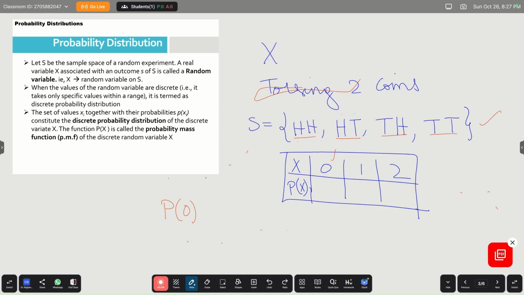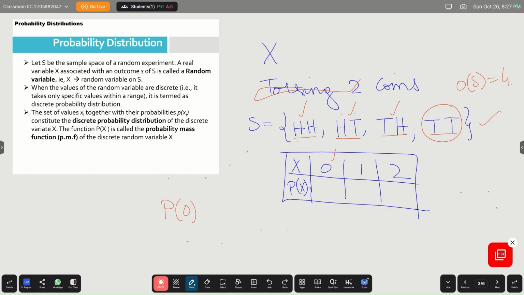In our sample space, 4 outcomes are there, so the order of S is 4 here. Out of the 4 outcomes, the first outcome is HH. In case of HH, x is not taking the value 0 because 2 heads are there. x will be taking the value 2 there. So in the first case, x is not 0. In the second case also x is not 0. In the third case also x is not 0.